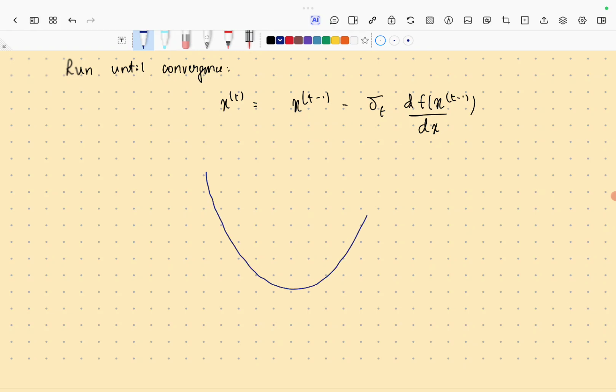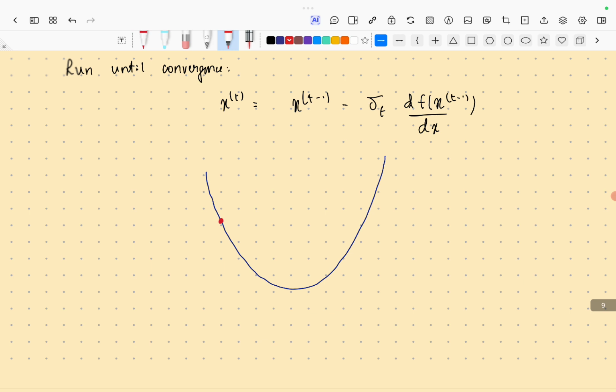So you have this function, you start with a random initial point. At each step, you can look at the first order approximation of this particular function, which is nothing but the tangent, right? That's what gradient descent is all about.